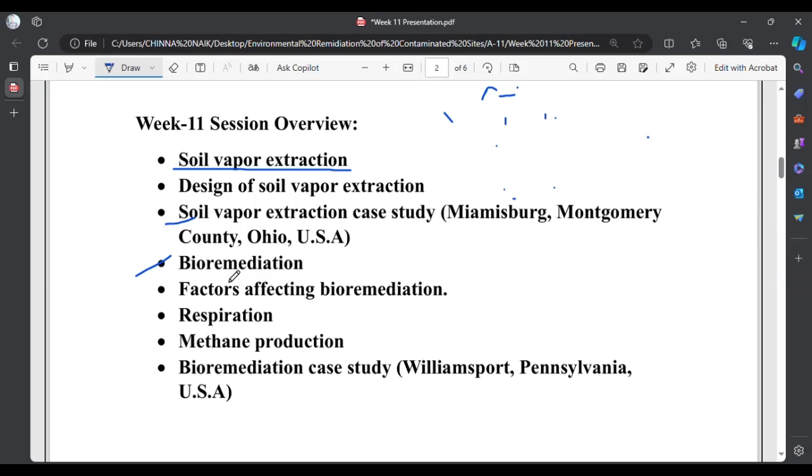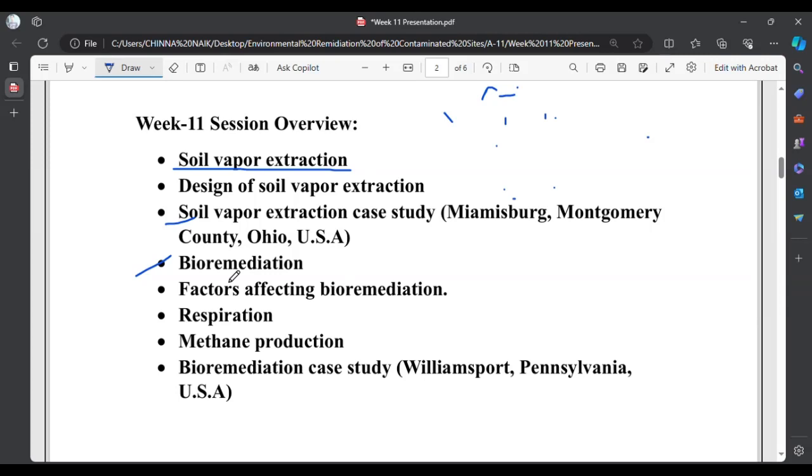We just plant different types of crops in the contaminated site. These plants will extract the contaminants through the roots from that contaminated site. So this is called phytoremediation. With the help of plants we are degrading the contaminant, or transforming the contaminant from one place to another place, or trying to immobilize the contaminant.